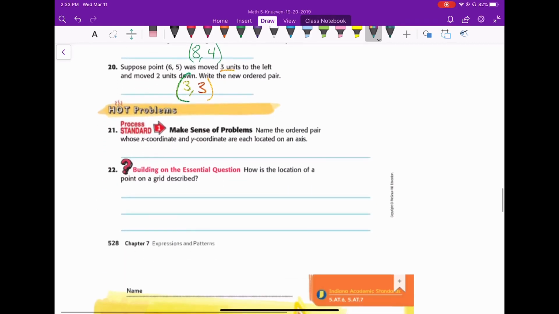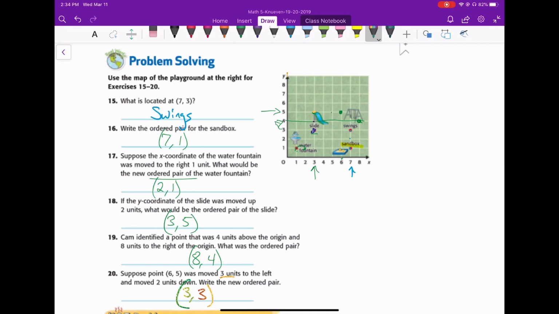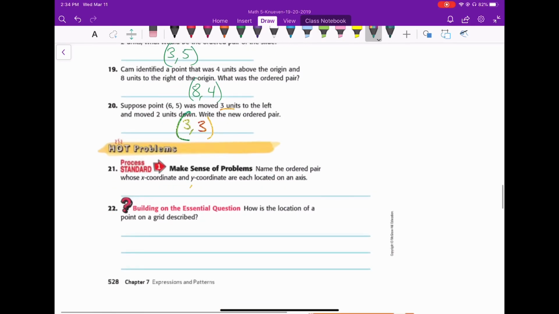Name the ordered pair whose x-coordinate and y-coordinate are each located on an axis. Well, for a point on the y-axis to be also on an x-axis, the only one would be the origin, which is 0, comma 0. How is the location of a point on a grid described?